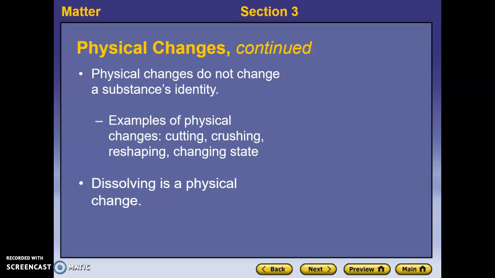Dissolving. So when you stir sugar into hot coffee, for example, the sugar looks like it has disappeared. And so a lot of people think that means that the sugar has become part of the coffee, that it's gone. But in reality, the little tiny sugar crystals have been broken down into tiny, tiny molecules of sugar. They're so small that we can't see them anymore.